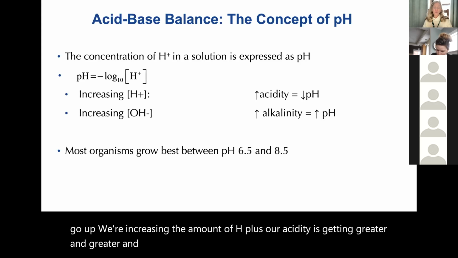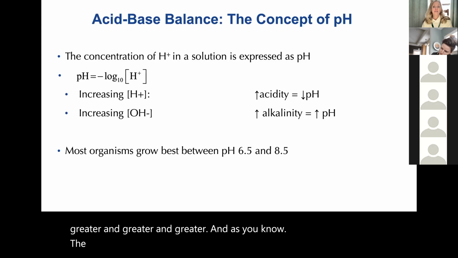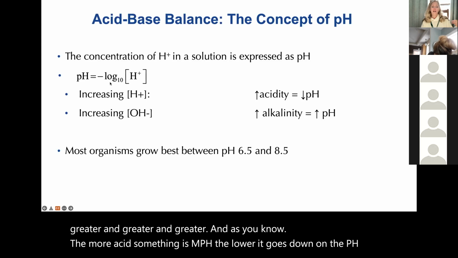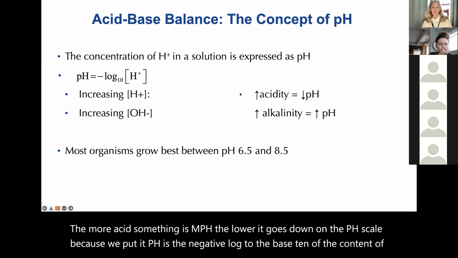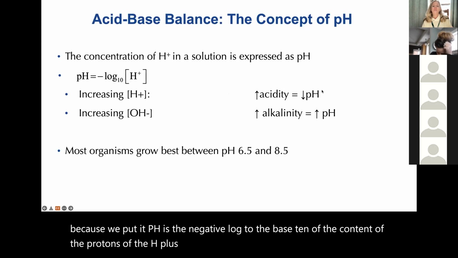And as you know, the more acidic something is, the lower it goes on the pH scale, because pH is the negative log base 10 of the concentration of the H+ ion. So as acidity goes up, pH goes down.